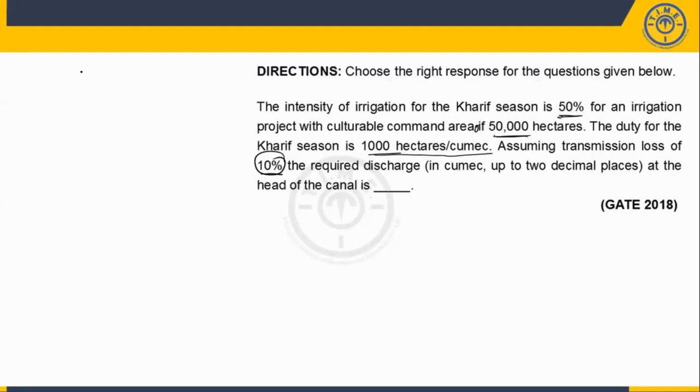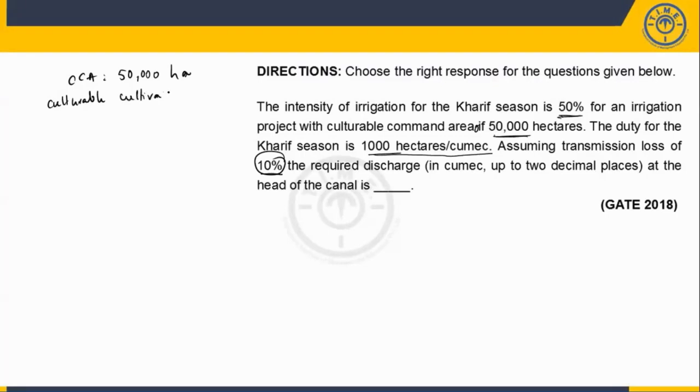First, what is the cultivable command area? 50,000 hectares. Now, out of this, what is the intensity of irrigation for Kharif season? 50%.